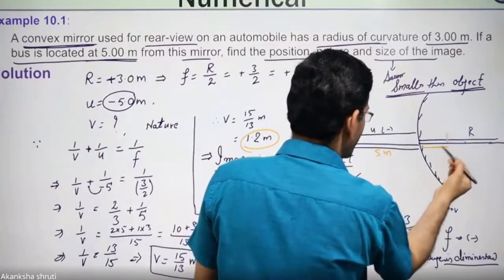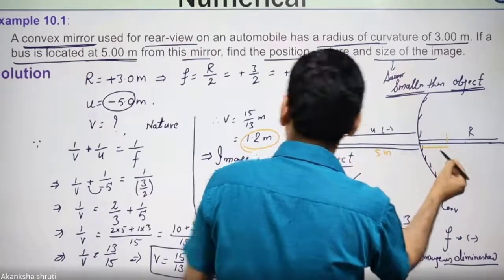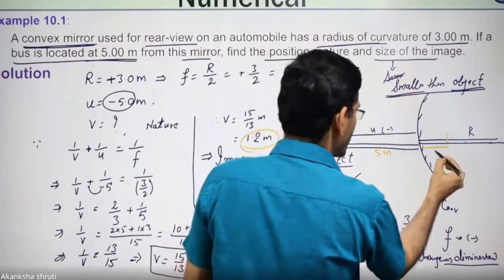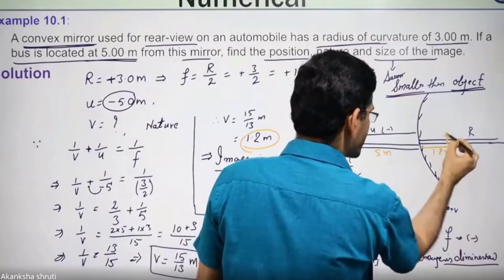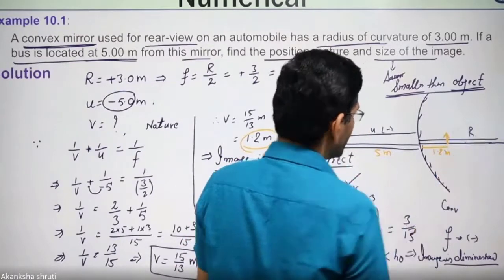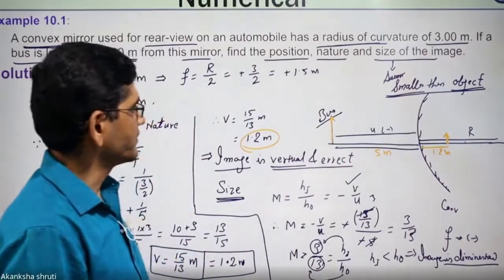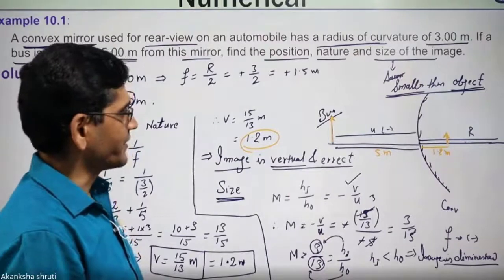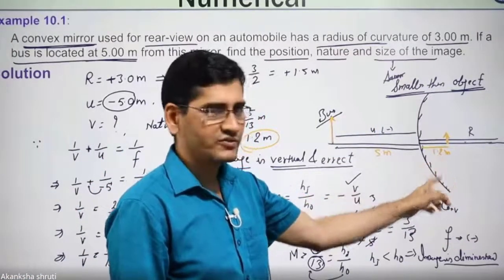So this is our 5 meter object distance, but the image distance is 1.2 meter and image is upward. That's why it is virtual. And this we had also learned from our ray diagram that this convex mirror always forms virtual image. It is true.